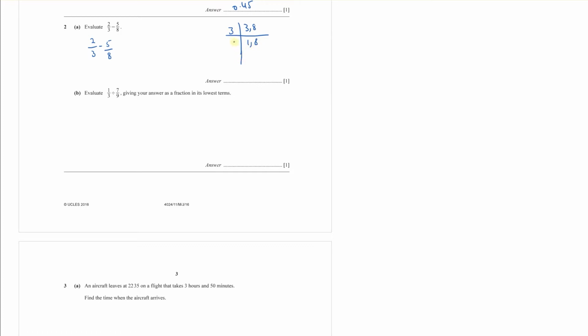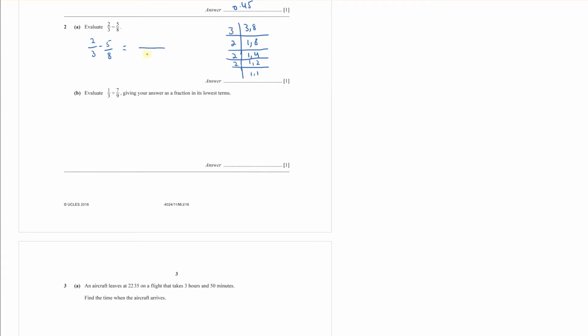And then you can divide 8 by 2 to get 4, then by 2 again to get 2, again by 2 to get 1 and 1. Or you could have divided by 8 straight away as well. I was just dividing by the prime factors as we normally do. So the LCM is 2 times 2, 4, 2, 8, 3, 24.